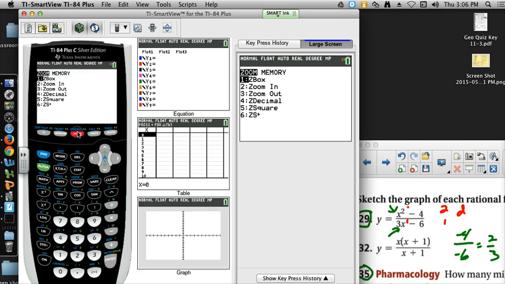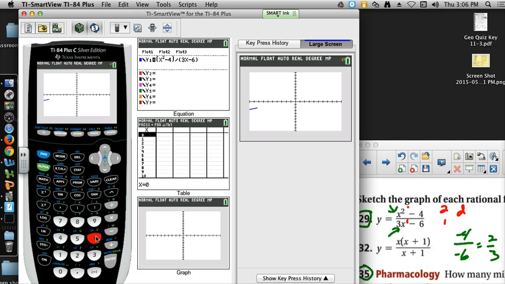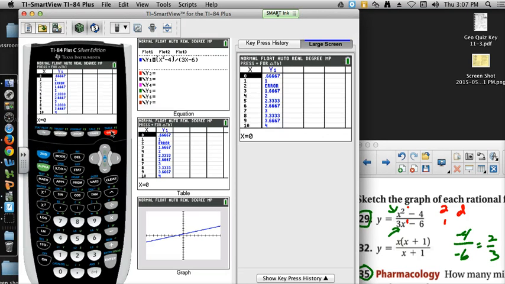And then I'll just hit zoom 6, because the graph that I had up there was a negative 10 to 10 graph. And it appears to be a straight line, because that's what the calculator knows to do. It doesn't know that it should leave a hole when x equals 2. So what we would do is hit second table and write down some of the numbers that we see.